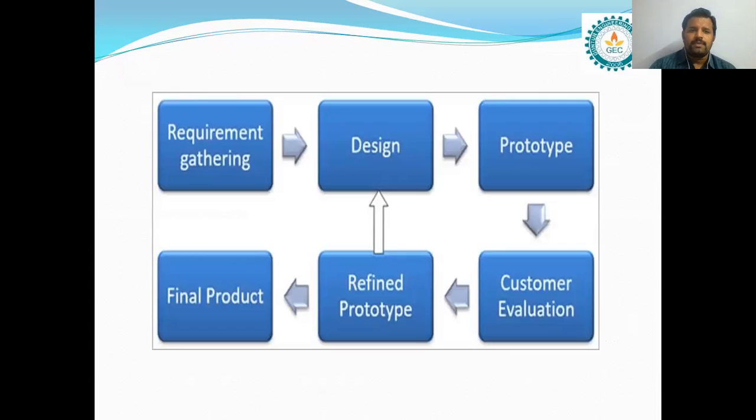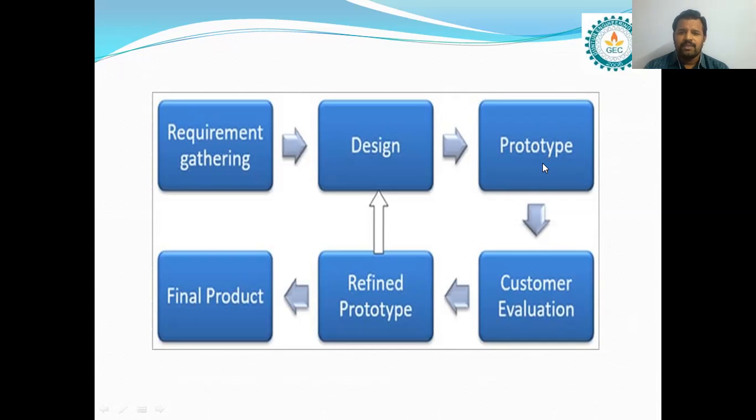See, this is the diagram. First step, we gather the requirements of the customer. That is the important task. If we know the clear requirements of the customer, then only we can design those requirements. Based upon the design, we will develop the prototype.